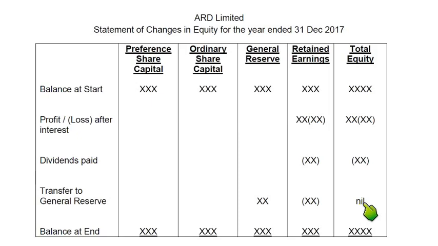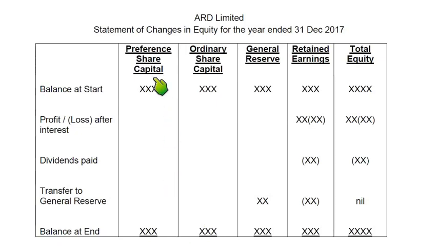If I am taking money out of my right pocket and putting it into my left pocket, my overall wealth is not affected; neither am I poor nor rich. So this is the example. Transfer from retained earnings to general reserve: general reserve always increases and retained earnings decrease, and there is no effect on the overall equity of the company.